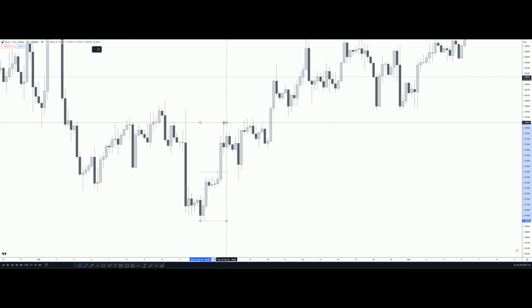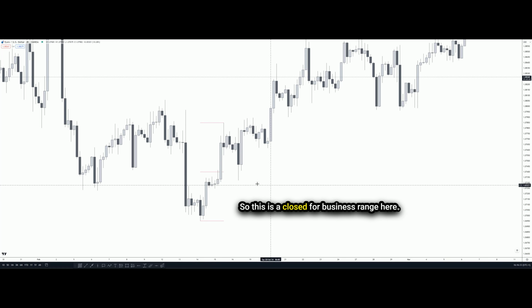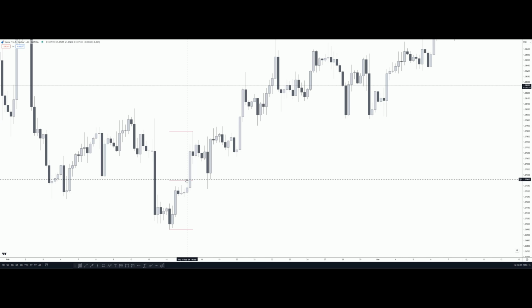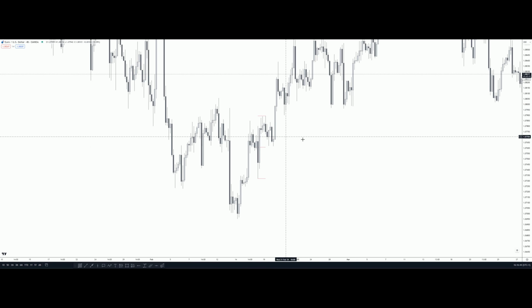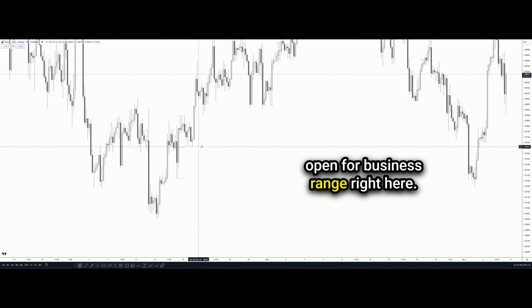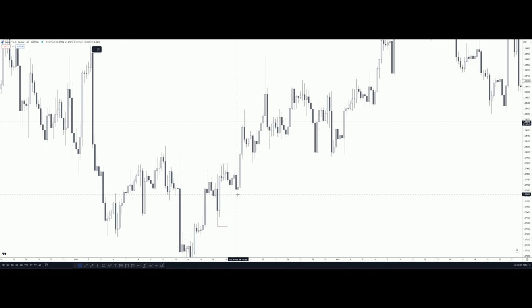So from here to here, you can see this tapped a valid zone and pushed up. So this is a closed for business range here. If we just follow this up, this is an open for business range right here. We could just keep following this. This for me is an open for business range, it doesn't tap a valid zone to the left.